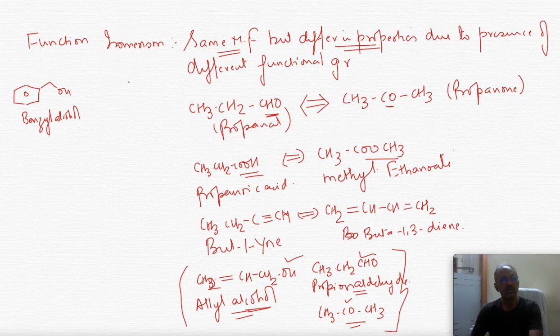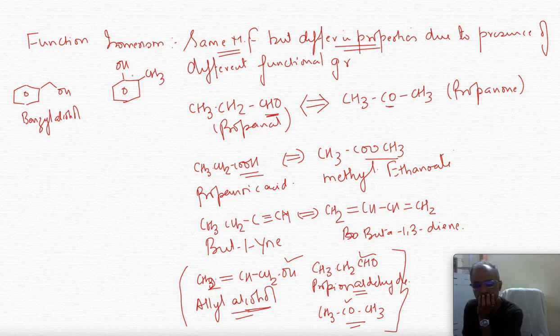Benzyl alcohol can also be written with OH and CH3 on the ring. Here CH2 becomes CH3 and the OH goes onto the ring, right?